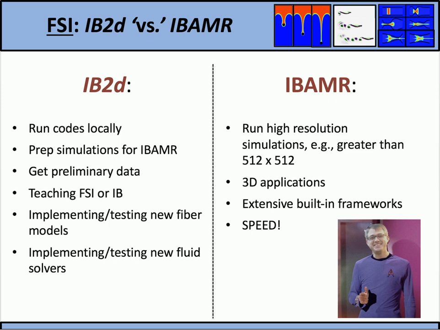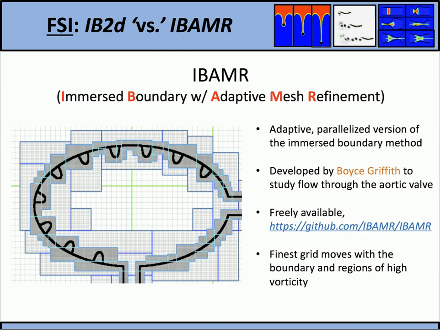And what's really unique about it is you can implement and test new fiber models rather fast, as well as implement and test new fluid solvers as well. So again, IBAMR is Boyce-Griffith's code. It stands for Immersed Boundary Method with Adaptive Mesh Refinement. It's adaptive, parallelized, can be used for 2D and 3D simulations, and is also freely available online.